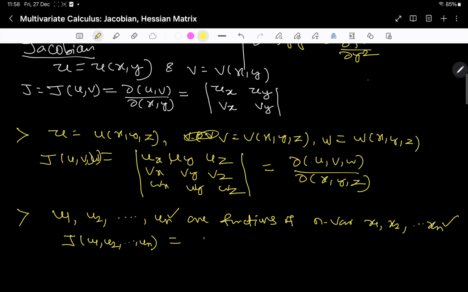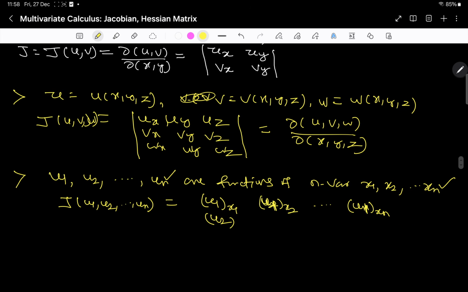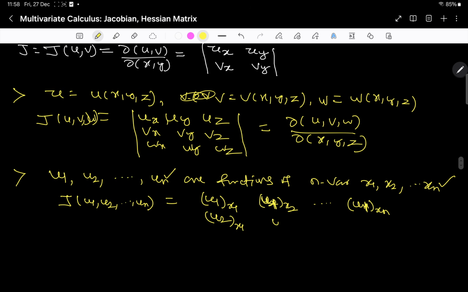It will be here u1 differentiated with respect to x1, and u1 differentiated with respect to x2, so on, so on, up to u1 differentiated with respect to xn. Similarly, in the first row you make it u1 throughout. Then u2 is differentiated with respect to x1, u2 is differentiated with respect to x2, so on, so on.